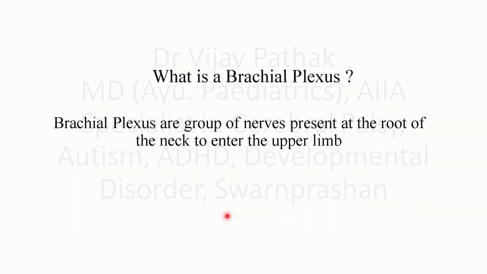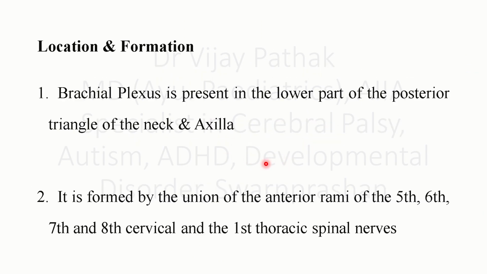Brachial plexus is a group of nerves present in the axilla, and they supply the muscles of the upper limb. The brachial plexus is present in the lower part of the posterior triangle of the neck and axilla, and it is formed by the union of anterior rami of 5, 6, 7 and 8 cervical spinal nerves and the first thoracic spinal nerve.